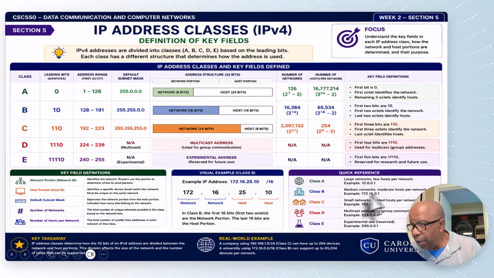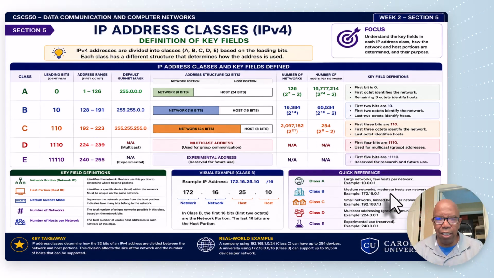So this is a moderate network. And then C are small networks like what you have at home. Small networks, limited hosts per network. Here we're talking about 254. So again, the reason we have classes is just for the fact that every network is not going to need the same number of connections. So that's what's being displayed here with the classes.